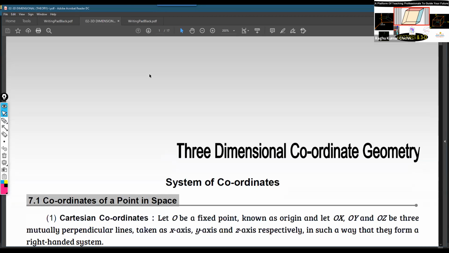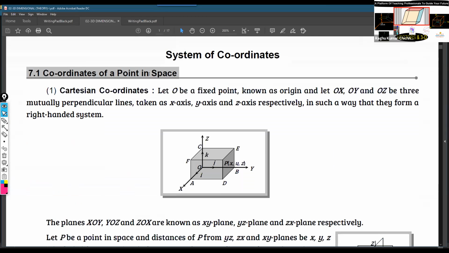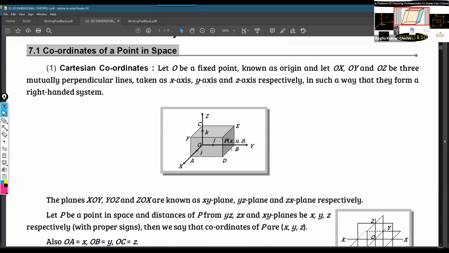So in the space, the three-dimensional geometry, you will have obviously x-axis, y-axis, and z-axis shown there. And whatever the point is to be represented, that point in the space contains x-coordinate, y-coordinate, and z-coordinate.